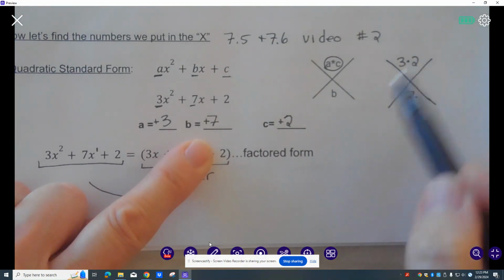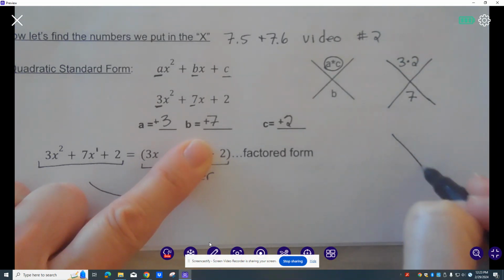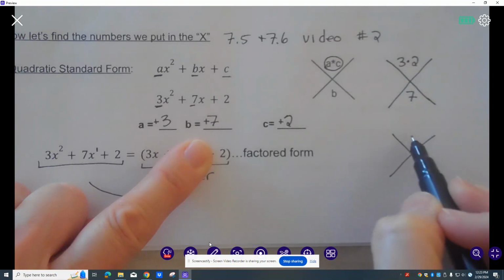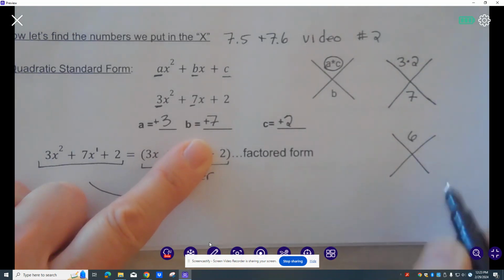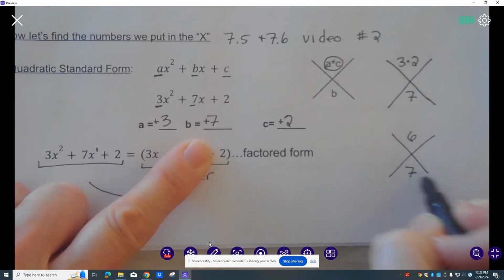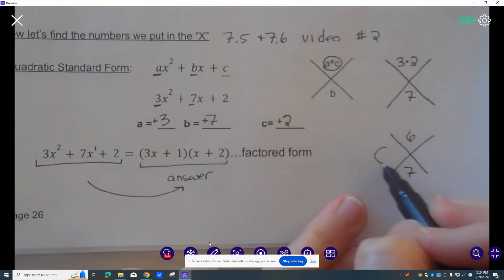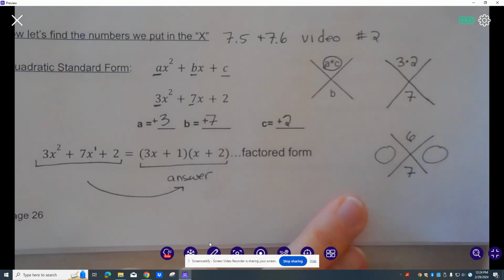Now, typically you don't want to draw your x twice, so you will probably do that multiplication before you fill out your x. Okay, so I have 6 on the top, 7 on the bottom. Now, this is what you did above. We need to figure out 2 values that multiply to give us 6 and add to give us 7.